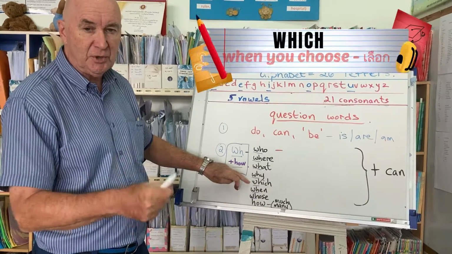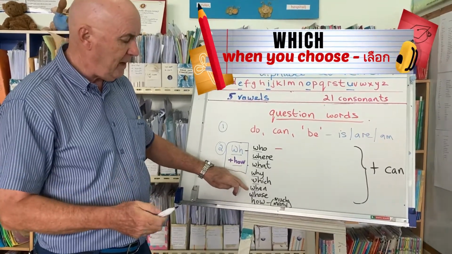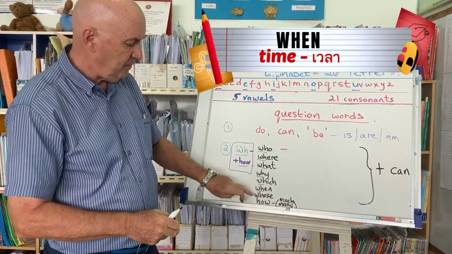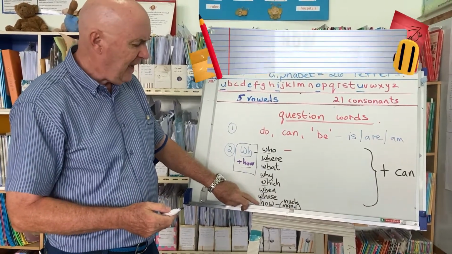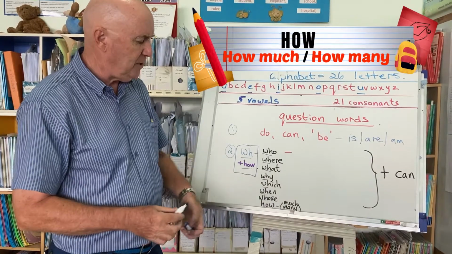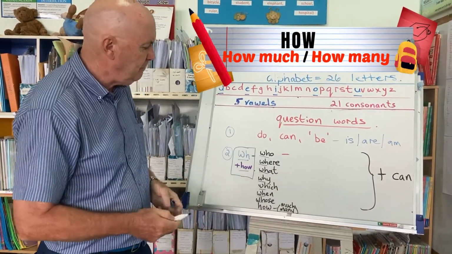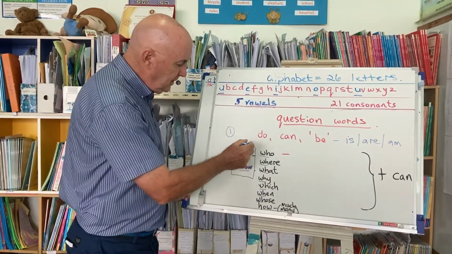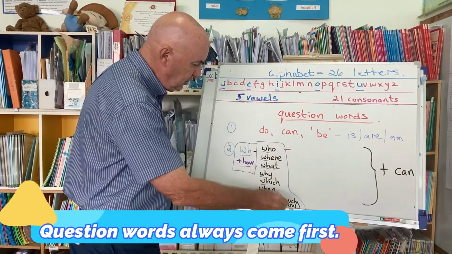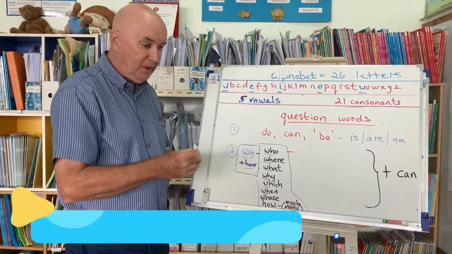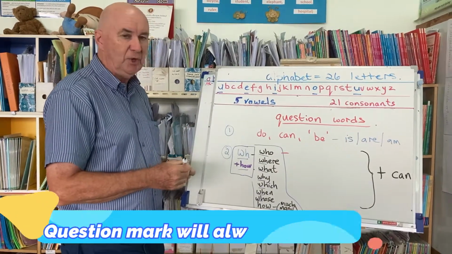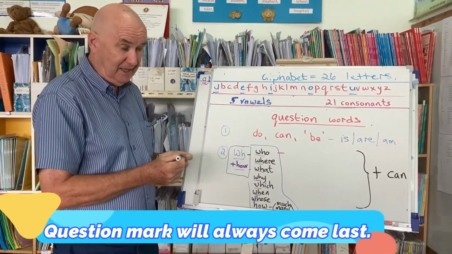Which, when you choose. When, for time. Whose, for who owns it. And then the last one, how, which usually goes with how much and how many. Now, in English, always these question words will come first. Always come first, and the question mark will always come last at the end.